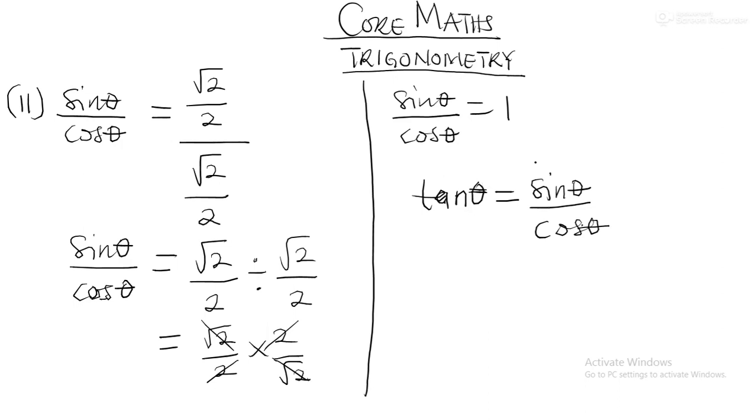Always, this holds. When you divide the sine over the cosine, you get the tangent. I hope you get it. Good. So that is the solution to the II. I hope you are okay with it.